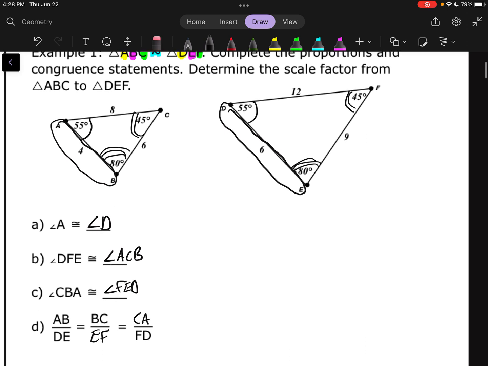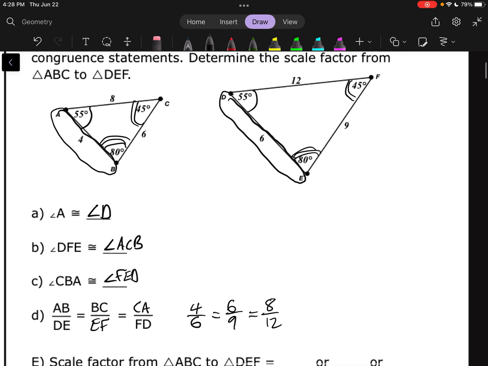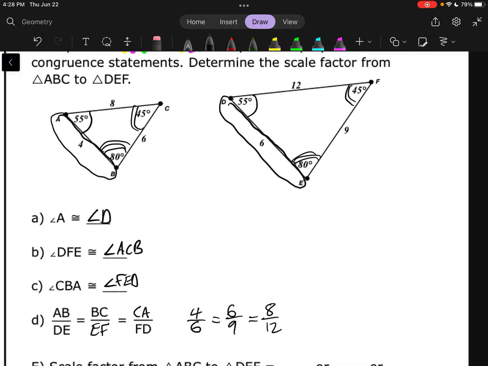And let's examine that real fast. AB over DE, that's 4 over 6. BC over EF, that's 6 over 9. And CA over FD, that is 8 over 12. Now take a look at those and try to simplify them. 4 over 6 simplifies down to 2 over 3. 6 over 9 simplifies down to 2 over 3. 8 over 12 simplifies down to 2 over 3.